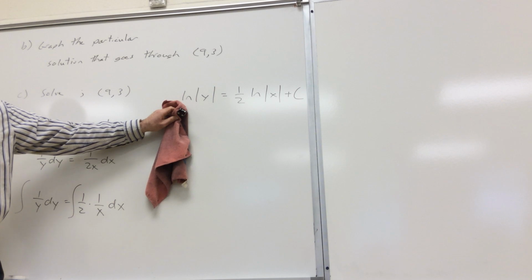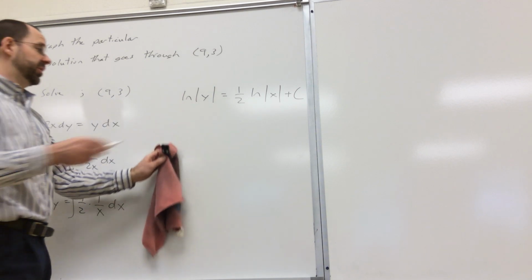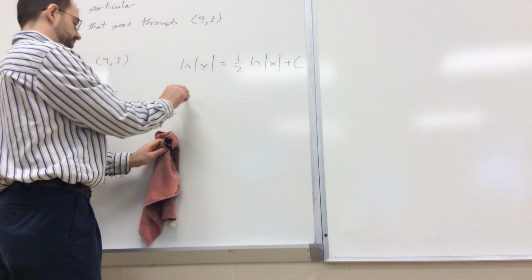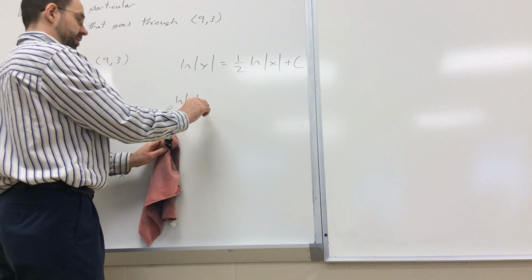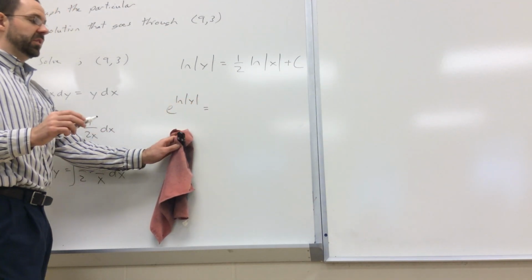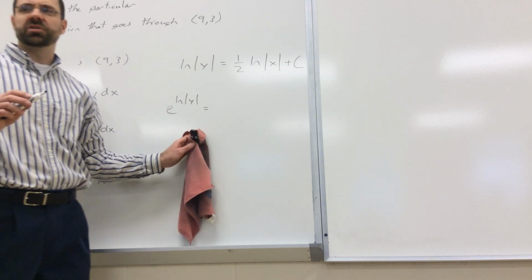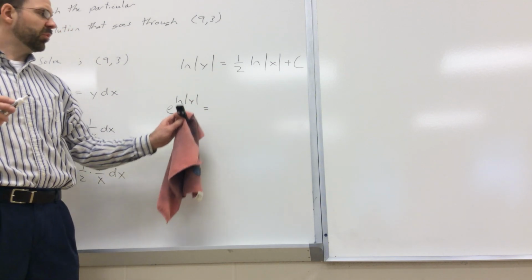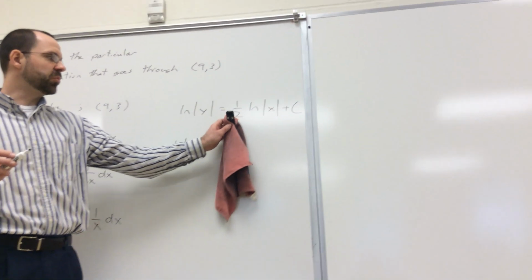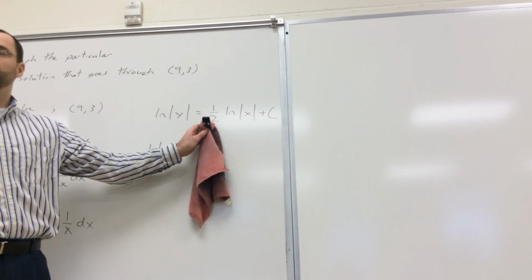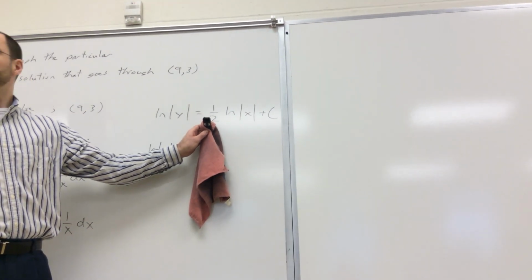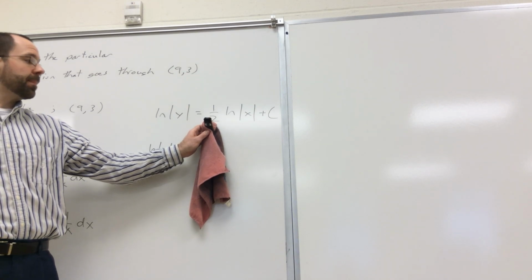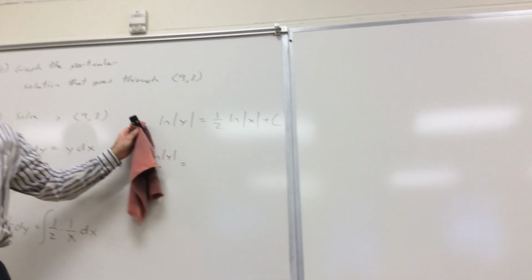How do I get rid of natural log? Raise it up from e, right? So e to the natural log of the absolute value of y equals, actually I wanted to do something before I did that, but we can do it in the same step. What can I do with this 1/2 here? Yeah, I could put the 2 over here if I wanted.